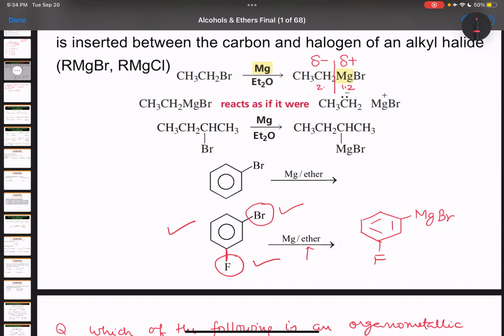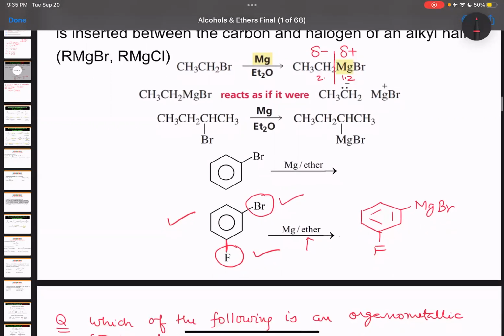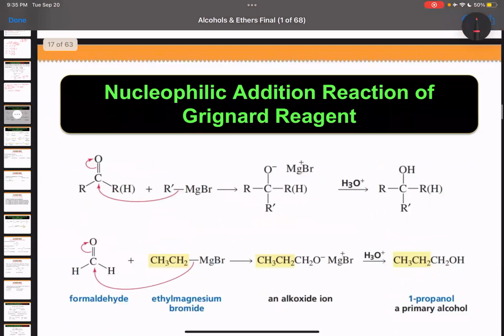It means that it's not going to react. So first of all iodine reacts, then bromine, then chlorine, then fluorine. Is it clear? Yes, sir. So that is the reason. If you have options given, you need to check which one is going to form the Grignard.